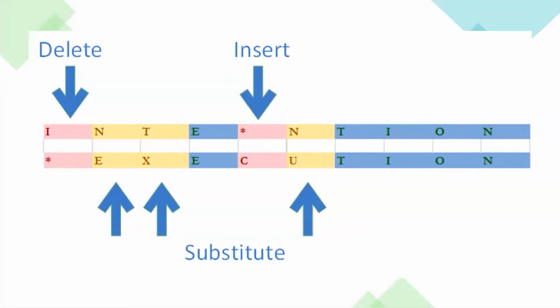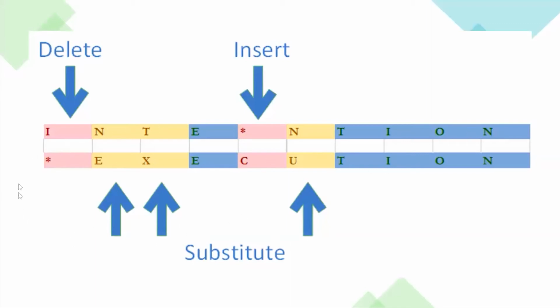There's something called string metric or edit distance. What that means is that you have 2 words and you compare them to each other to see how far away they are. That is, how many changes you need to make to the characters in one word to match the other one. In this example, you have the word intention, and you have another word called execution.